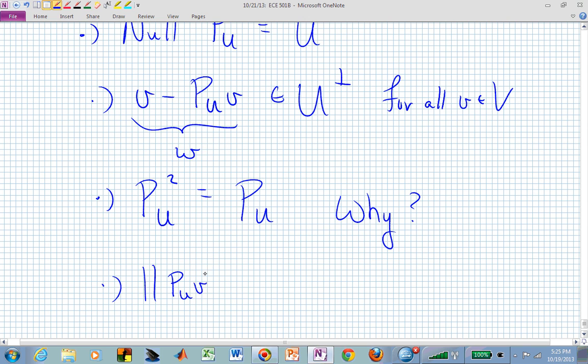The other is that the norm of a vector once it's projected into U must be less than or equal to the original norm of that vector, for all v in V.